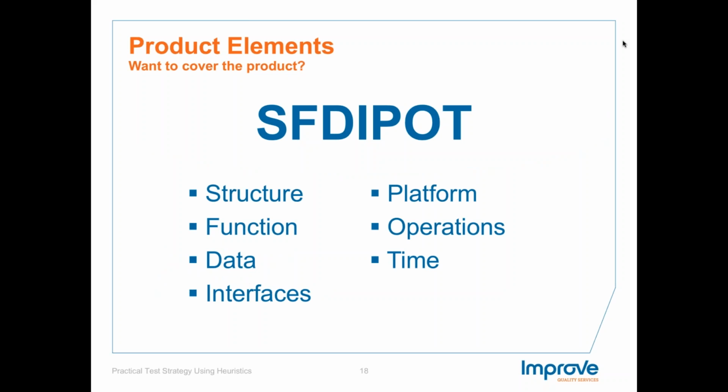So how do you model a product? I like to use San Francisco Depot to help me zoom in on a product. What's its structure? What is it made of? What are the functions in the product? What data does it use? What kind of interfaces are there? Obviously, there's a GUI most of the times, but are there APIs or database interfaces?